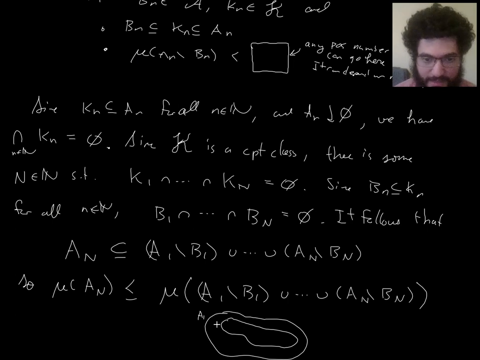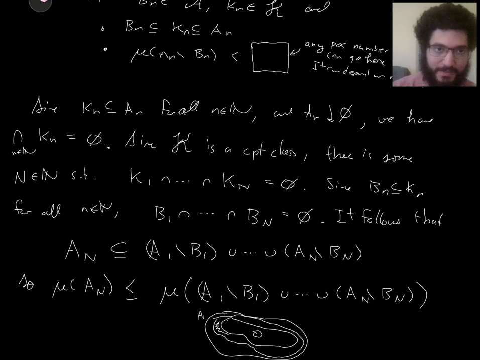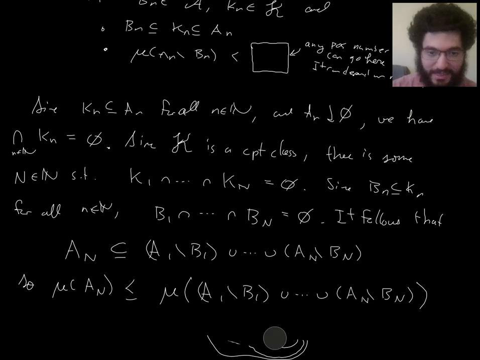So then the first set is this region in between, A1 delete B1, right? Then A2 could be like this, and then B2 could be like that. Then there's this stuff in between. Okay, I don't know if this picture is helping at all, but if you just think it through, they definitely don't have to be disjoint.